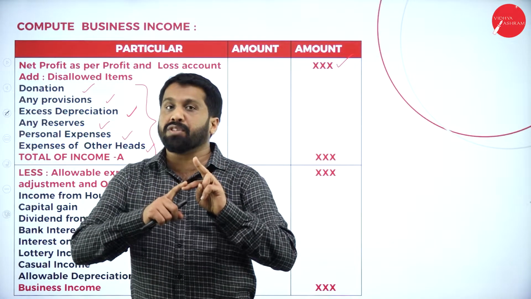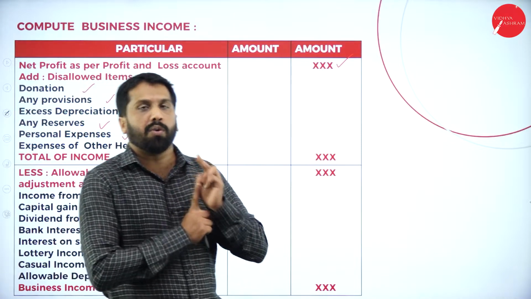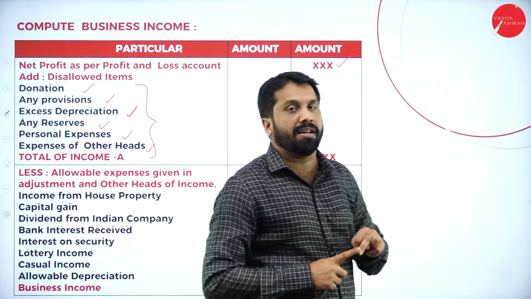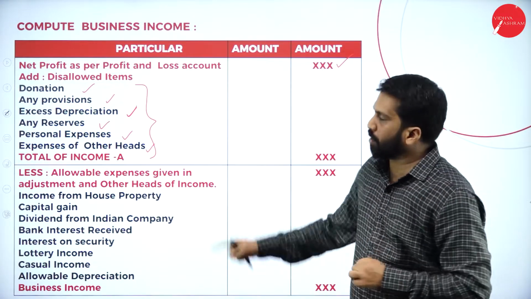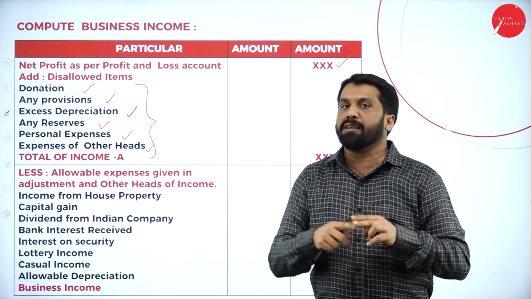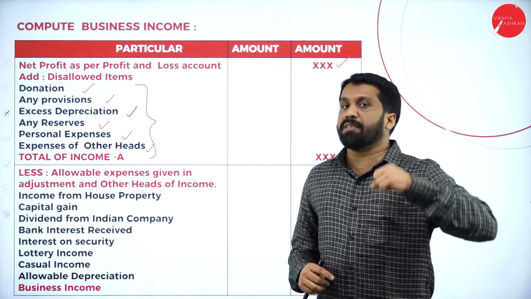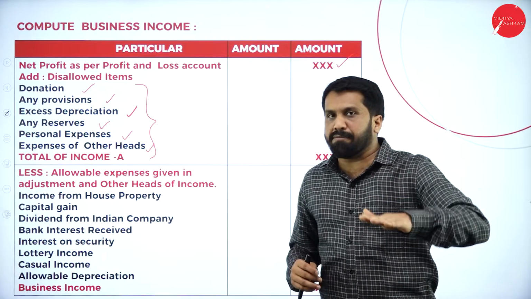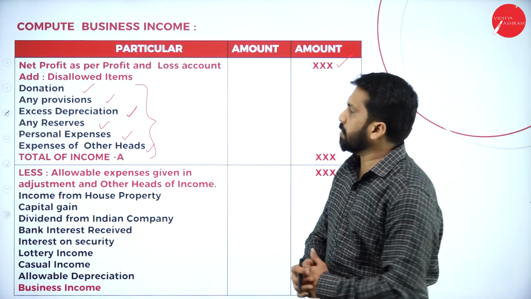One is depreciation as per your accounts. One more is depreciation as per income tax. The difference, if it is excess, you should add. The difference, if it is less, you are supposed to minus. Clear? If it is excess, add. If it is deficit, you are supposed to minus. Hope you are clear. Yes.